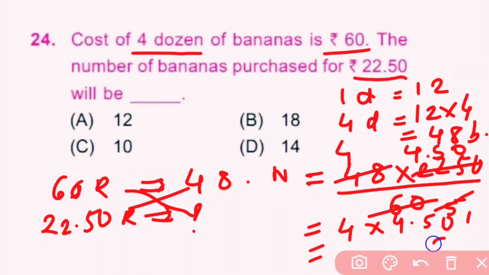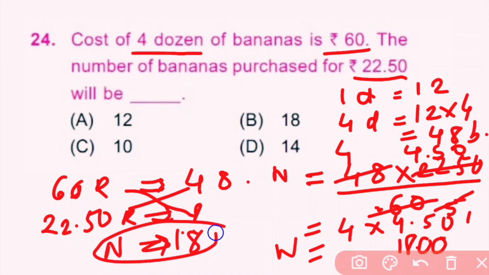So 4 fives are 20, 2 carry over, 4 fours are 16 plus 2 is 18. Means number of bananas is 18. So 18 bananas purchased for rupees 22.50. So here B is the correct answer.